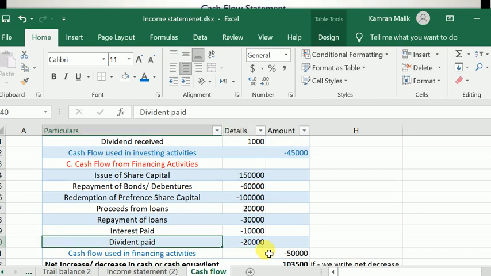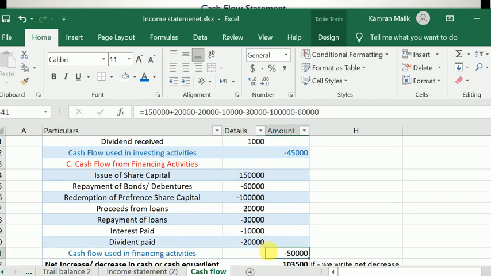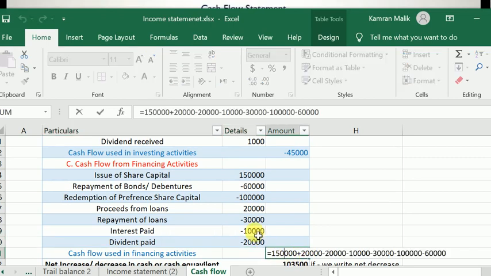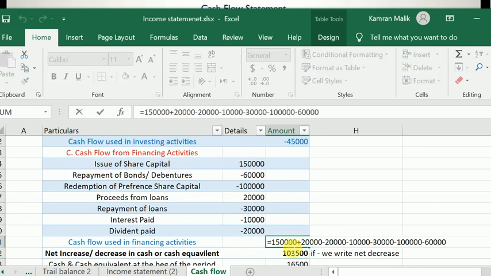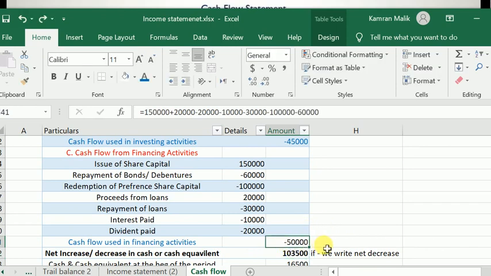Now you see, what we did actually is we have added up these two positive values, 1,500,000 and 20,000, and we have subtracted the remaining minus amounts. Any amount where there is minus, and we have this amount in hand with us, right? So that was the thing we talked about.